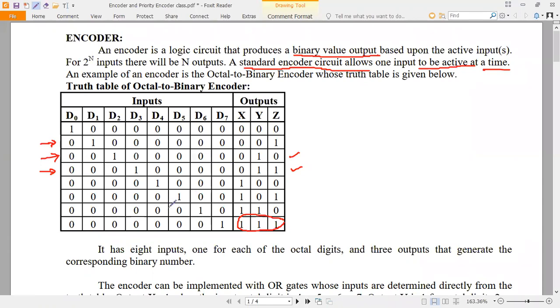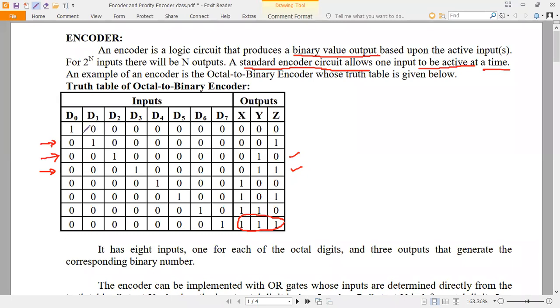Suppose you give two inputs as active values, that is two inputs at logic 1, you are going to get an invalid output, or the output will be wrong. So you are going to get the correct output only if one input is active.